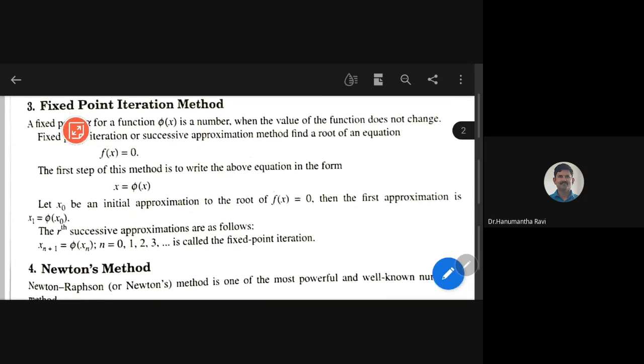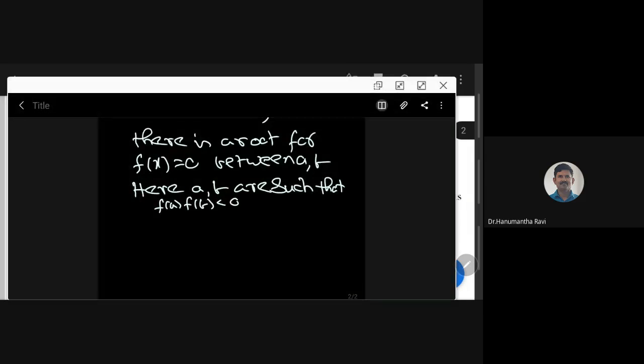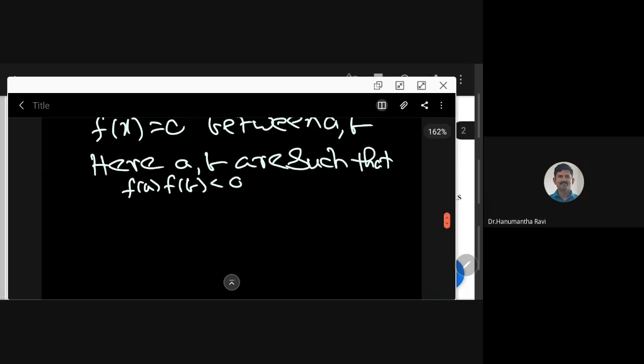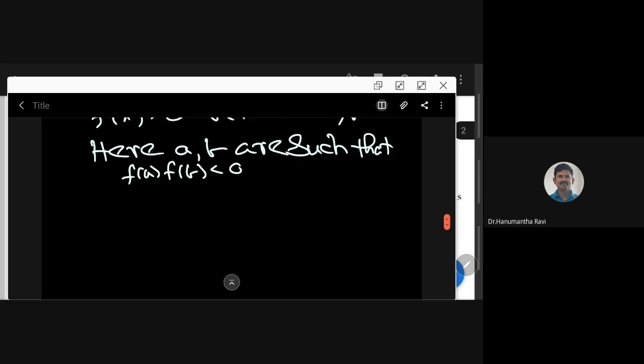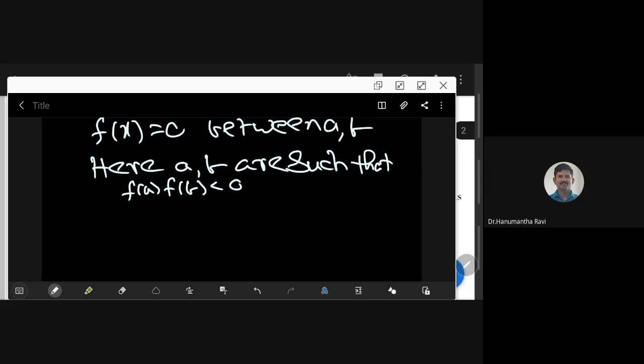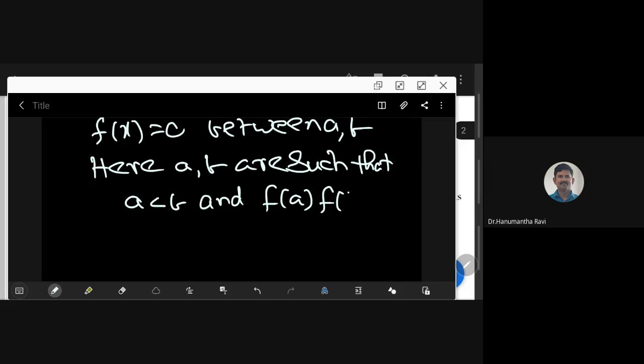So if you are able to find A and B such that A is less than B and f of A into f of B is less than 0.